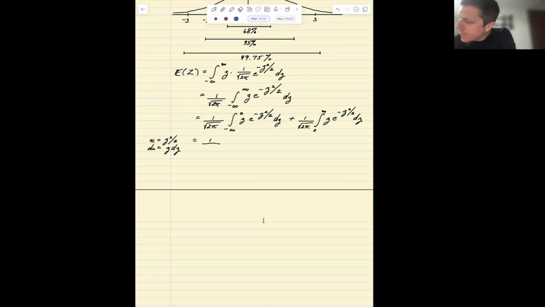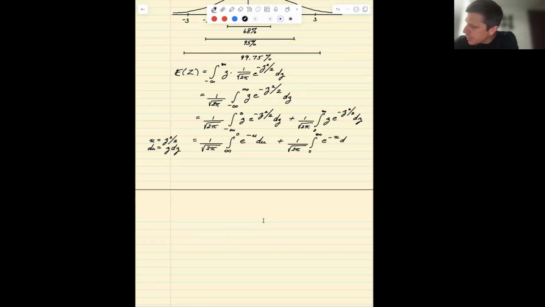So now it's going to be the integral from infinity to 0 of e to the minus u du, plus the integral from 0 to infinity of e to the minus u du.